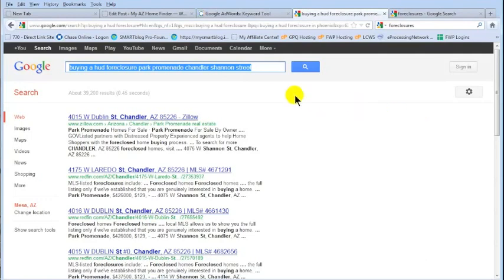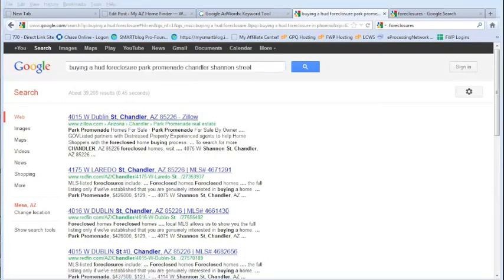So if they type this in and I'm the first listing, then I have a shot at getting that traffic, and statistically they're going to be a higher converter, because they're really going through the effort of searching for exactly what they want, versus somebody who just types in buying a HUD home and hopes they get local information from Google based on their IP address and all that. So does that answer your question, Mike?